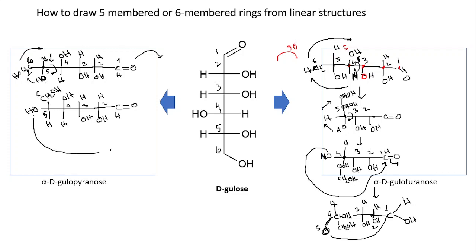So now, if you make this a 6-membered ring, let's count again to build confidence. Position number 1, 2, 3, 4, 5, and 6. 6-membered ring. Okay. So this is how the 6-membered ring is going to look.